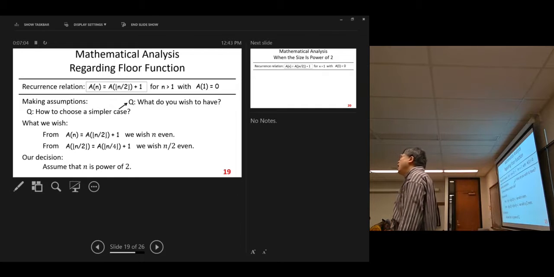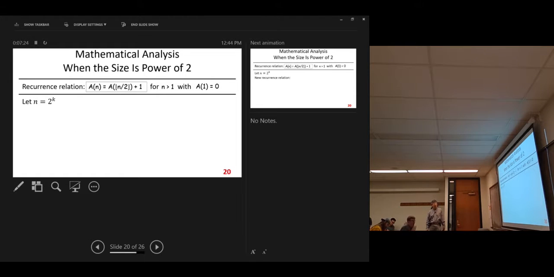Under this assumption, we can ignore all the floor functions, since they are all integers. That's the best we can have. So let's assume a power of 2 size and solve it under this assumption. We can rewrite our recurrence relation, this time using powers of 2. When you divide a power of 2 by 2, you get another power of 2.